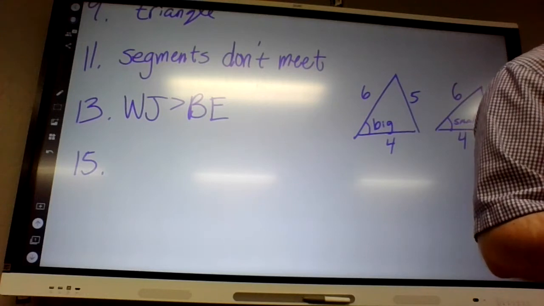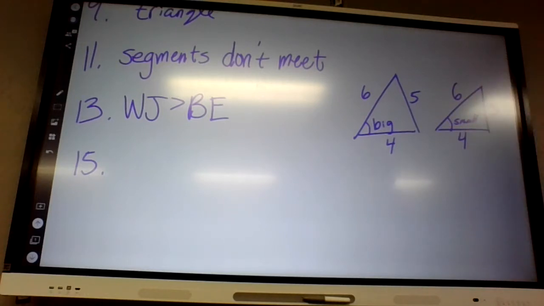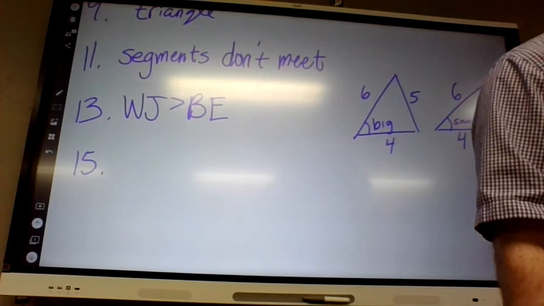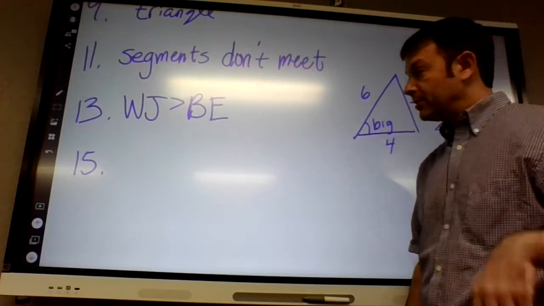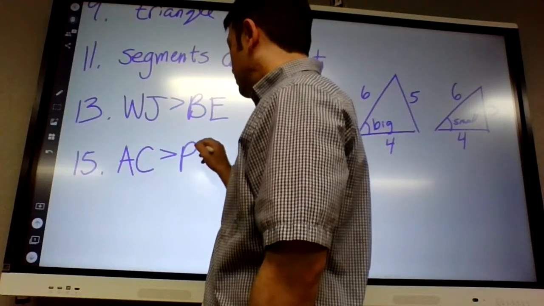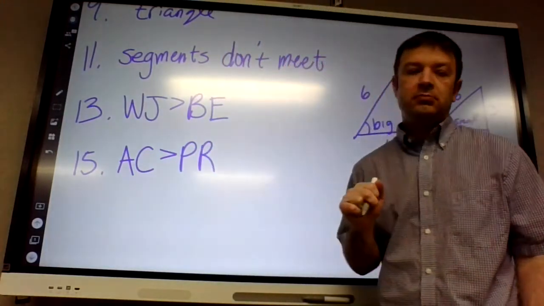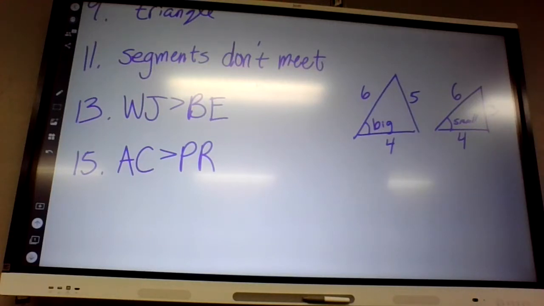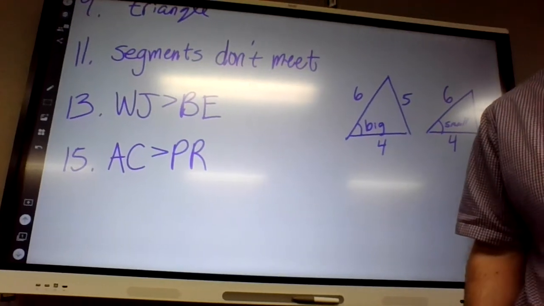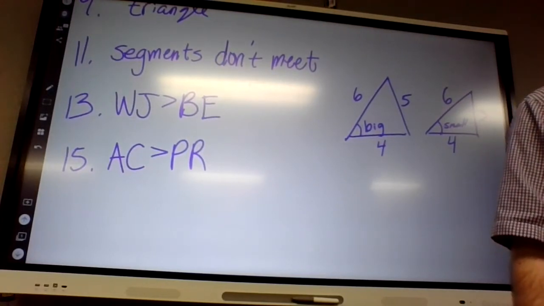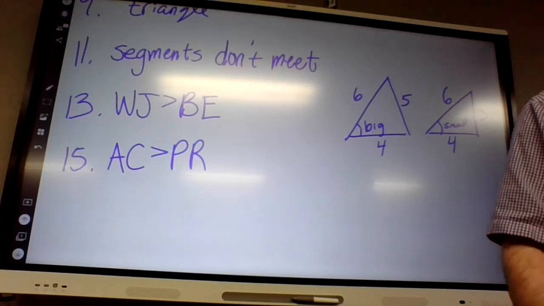So the alligator on the right is open smaller than the alligator on the left. So what's bigger than what? AC is bigger than PR. Okay, we didn't use the side version, darn it. So I probably should do one of the evens then.